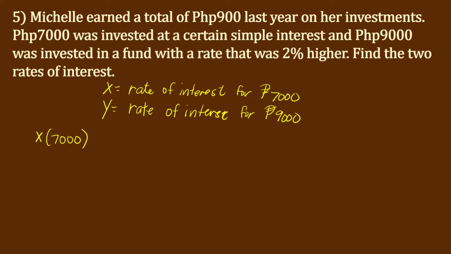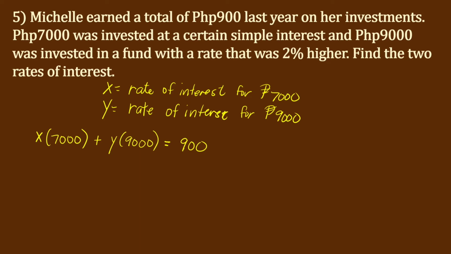Now, adding this to y times 9,000 pesos, this is the amount of interest earned when investing 9,000 pesos to y interest. This will give us a total of 900 pesos. Remember that what we can get here is the decimal equivalent of the rate of interest. Okay? And so that's the first equation that we can write.